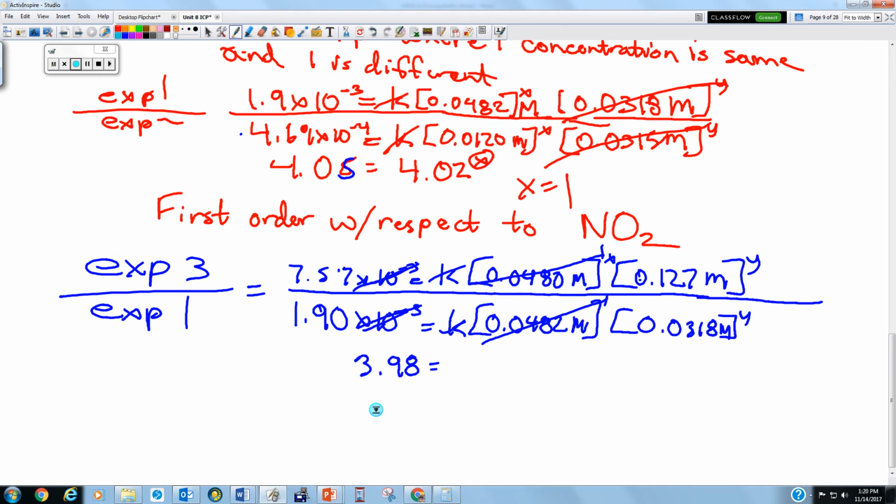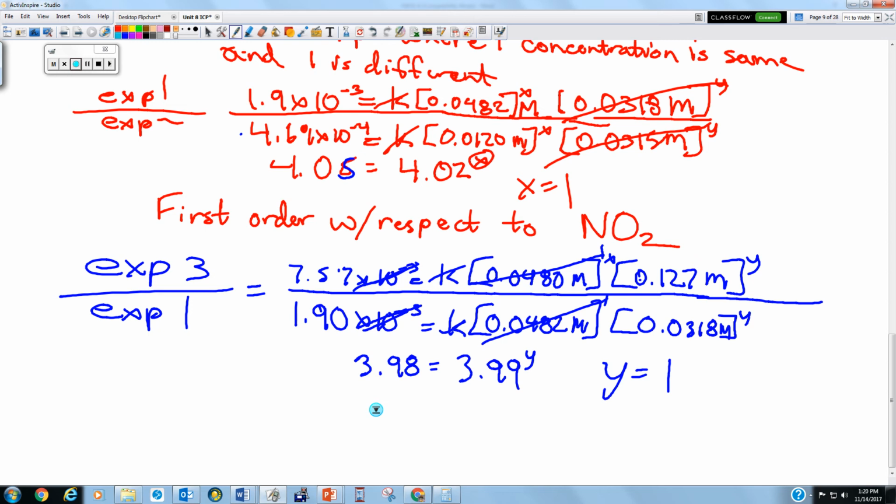All right, 3.98, and then 0.127 divided by 0.0318 gives us 3.99 to the Y. So Y equals 1 as well.